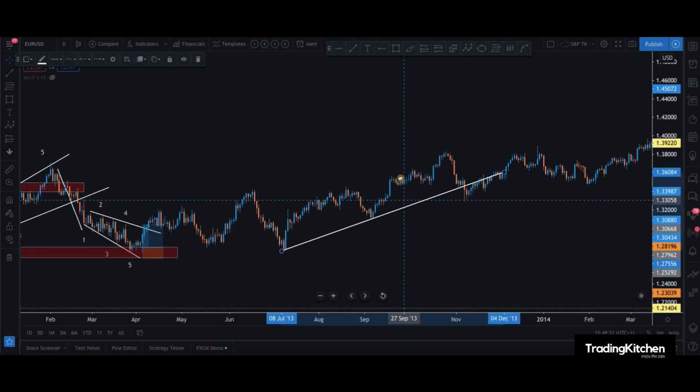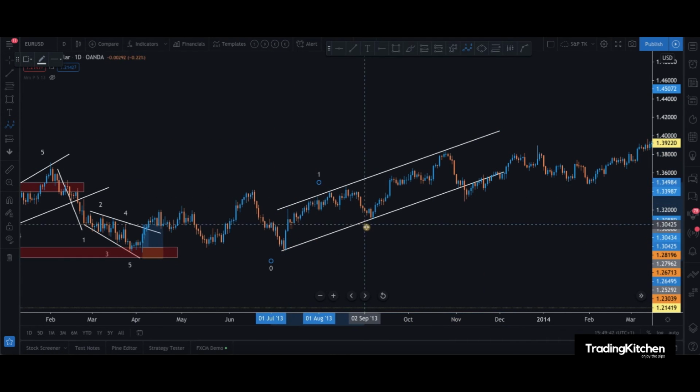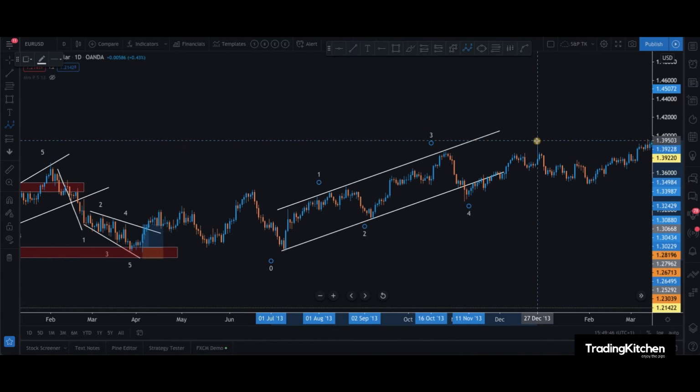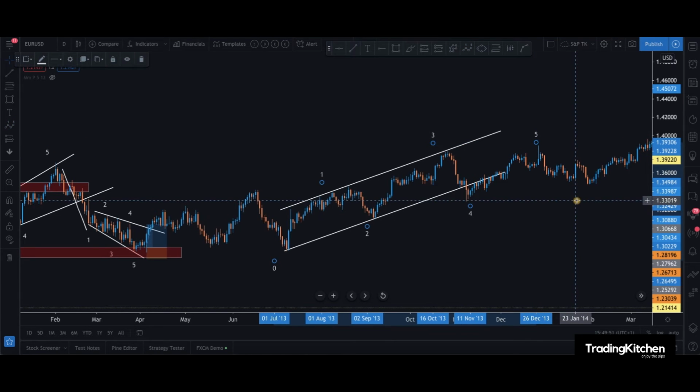Here, this is a very good one. Impulse down, channel up. So it's 0, 1, 2, 3, 4, and we have to wait for 5. This is a very good example.